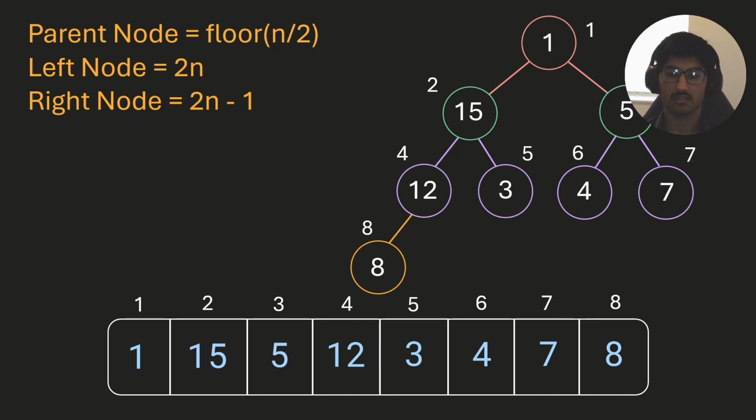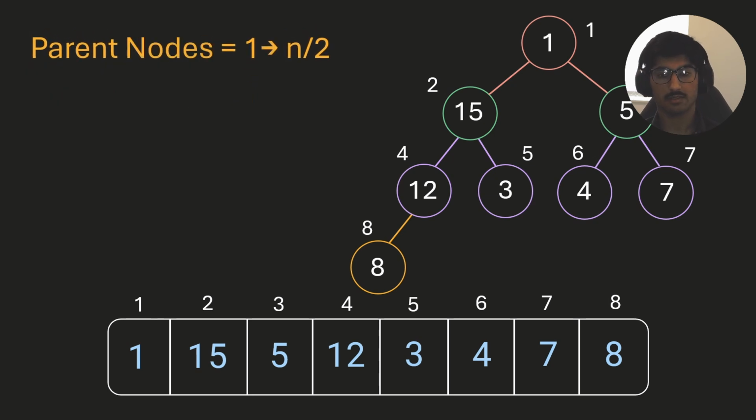Let's say I take an odd number, for example, 7. I do 7 divided by 2, I get 3.5. I floor that, so I round down, I get index 3. And as you can see, the node at index 3, 5 is a parent node of the node at index 7, which has a value 7. So these are useful formulas which we're going to use when we're actually writing the bottom-up algorithm.